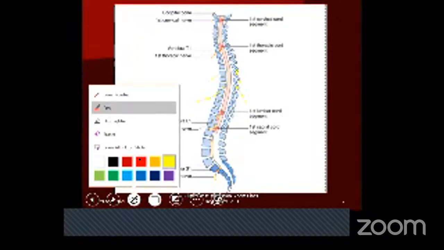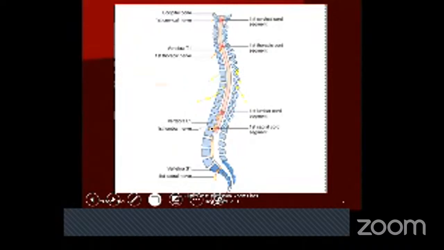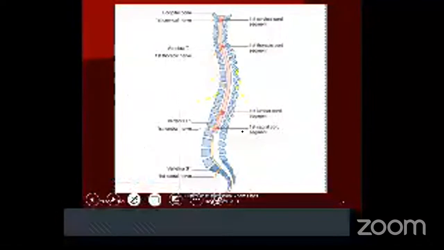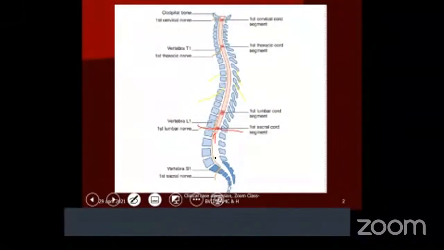Usually the spinal cord ends at L1 in adults, and below that are the conus medullaris and cauda equina regions. We should be knowledgeable about this because we have to calculate segments.